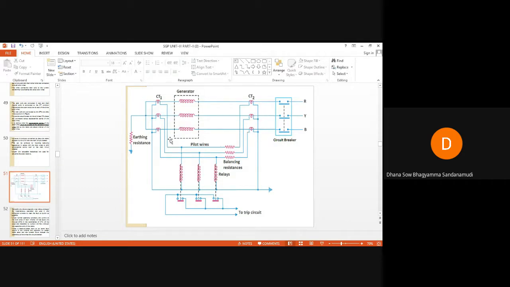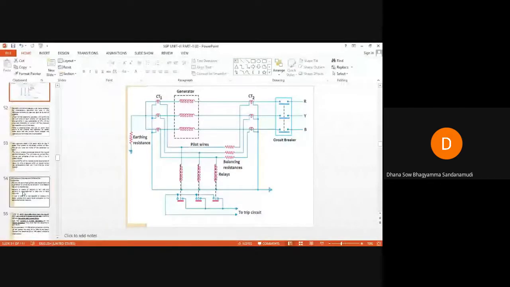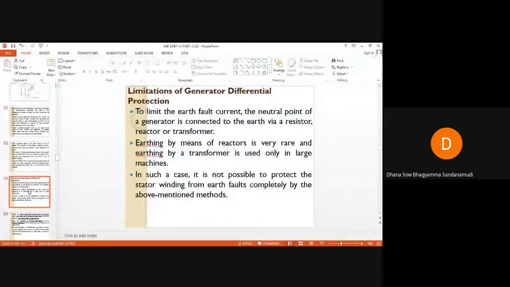So differential current will flow through this relay coil as well as through this relay coil. These two relay coils will be energized, the trip circuit is closed, and the circuit breaker is opened. So this is the operation of the differential protection of the generator, or merz-price circulating current protection of the generator.